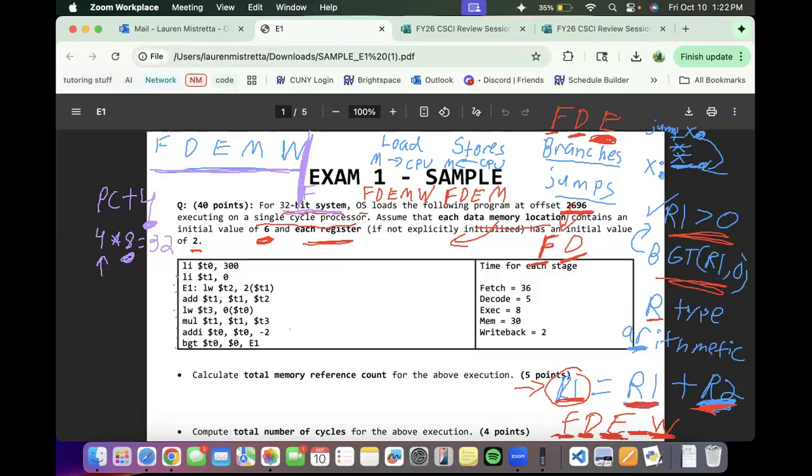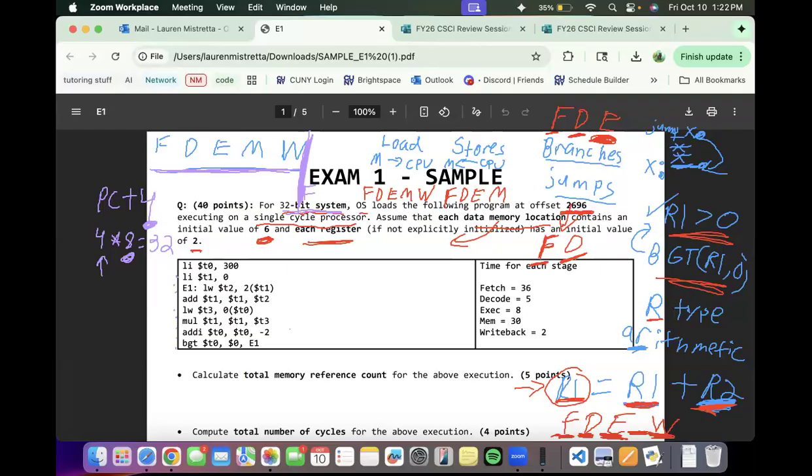Nothing is done simultaneously. This ensures we don't have any overlaps, because that could be a problem, since you can't have two fetches going on at the same time. If they were all just fetch, decode, exec, mem, write back, it wouldn't be an issue. But we're going to learn later on that it's not that simple in life.